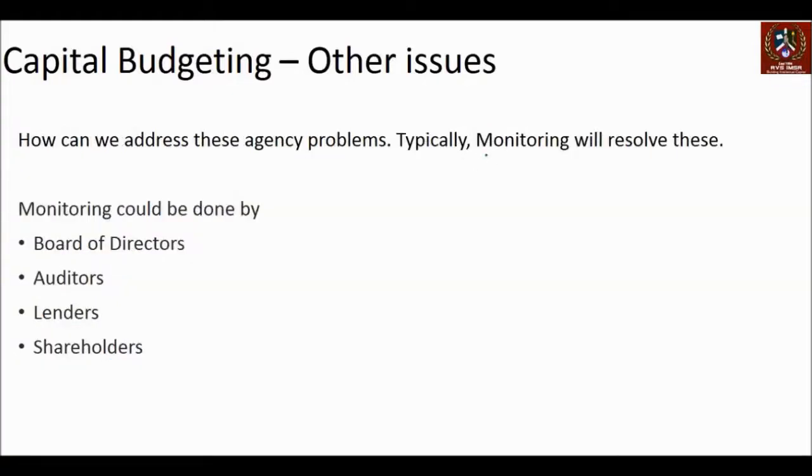How do we address these? Typically, the simplest solution is monitoring. Who monitors? There is generally a corporate governance structure where the board of directors and auditors of the company will monitor this. The board of directors includes independent directors, some other eminent businessmen who are not necessarily working in the company.